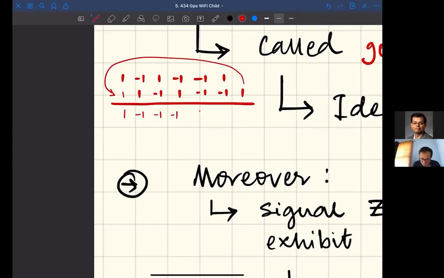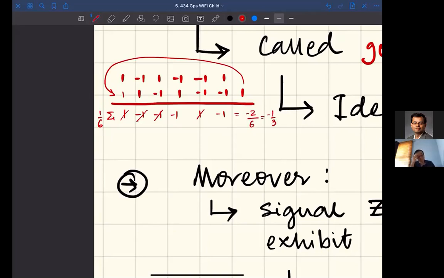Sorry, minus 1, 1, minus 1. Right? And now we sum this up and divide it by 6. So this is basically 1 minus 1 cancels, minus 1, 1 cancels. It's minus 2 by 6, which is minus 1/3.